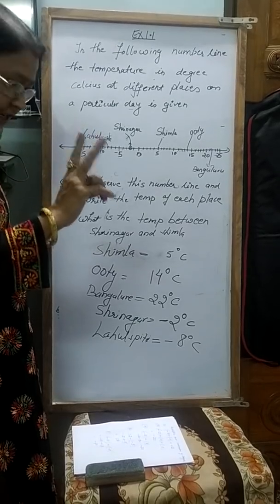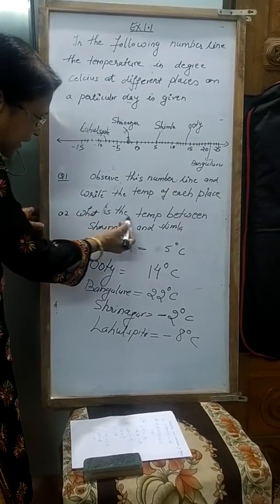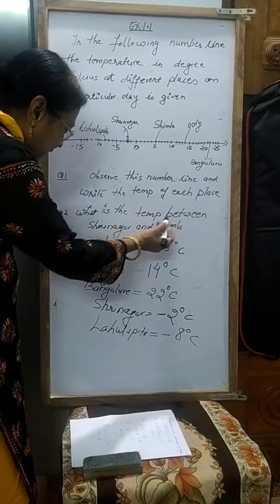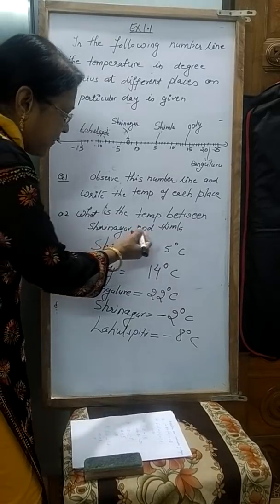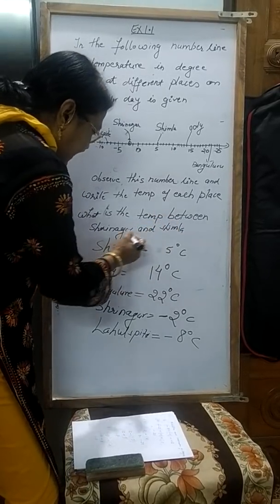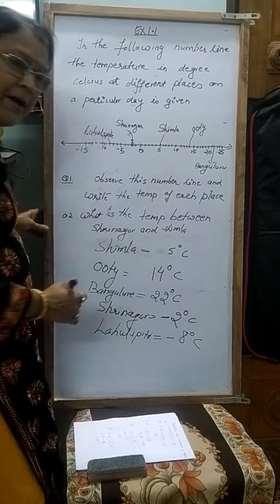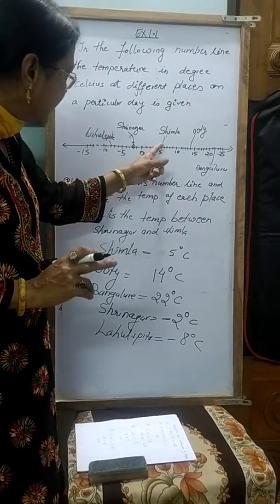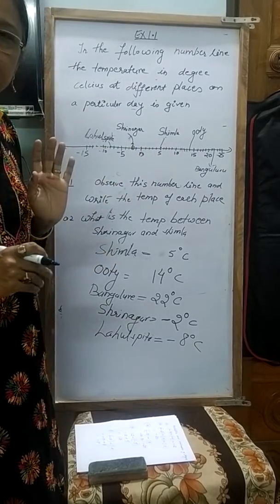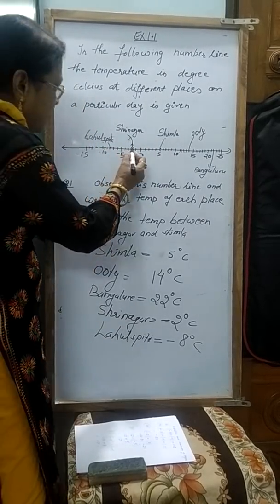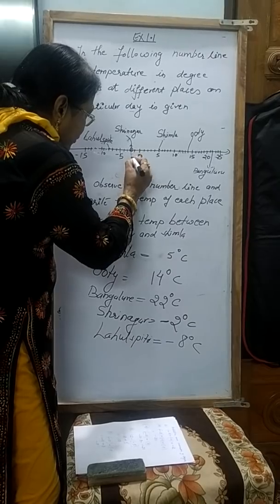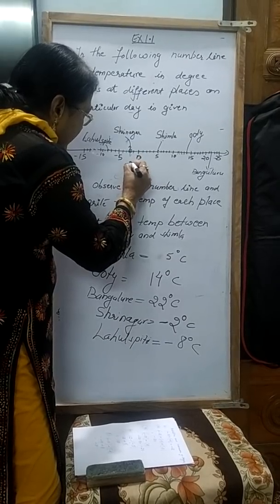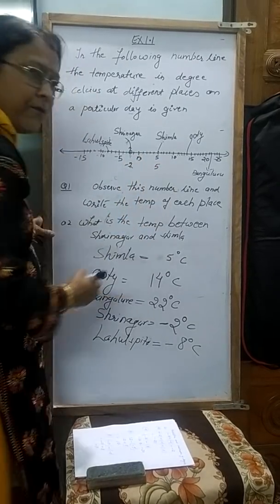Now the second question: what is the temperature difference between Srinagar and Shimla? What is the difference of temperature between Srinagar and Shimla? You want the difference. Now you have to see, this is -2 and this is +5.